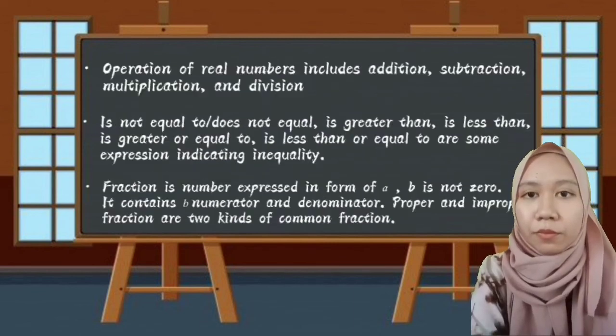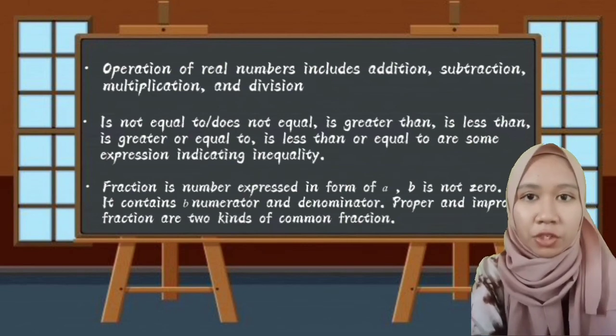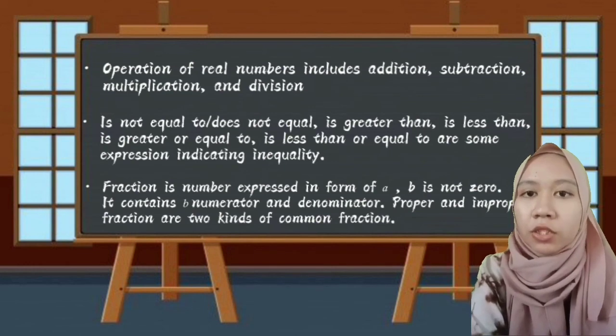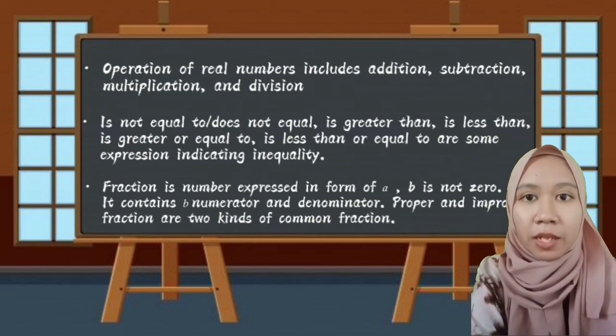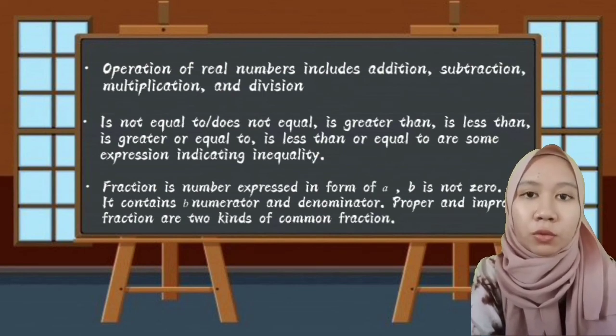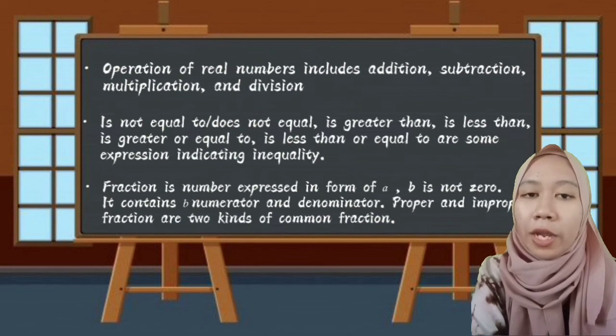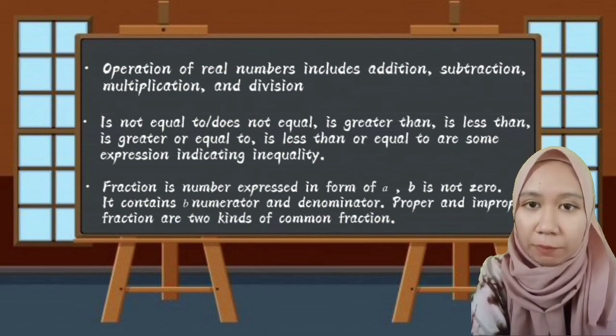Third, operations of real numbers include addition, subtraction, multiplication, and division. Next, is not equal to, is greater than, is less than, is greater than or equal to, and is less than or equal to are expressions indicating inequality.